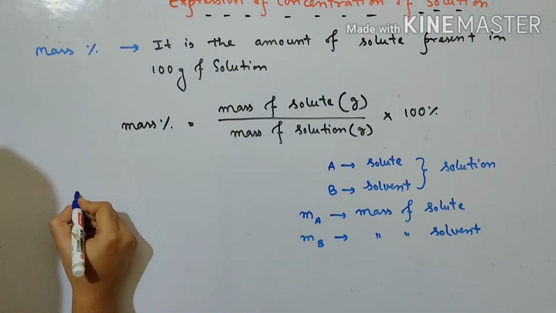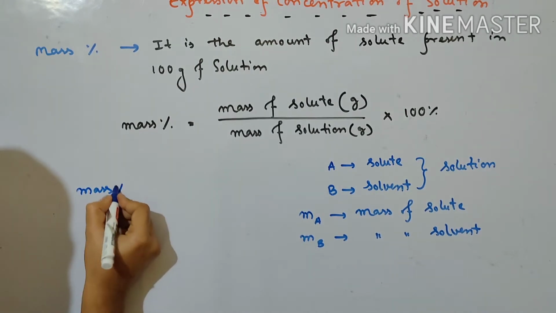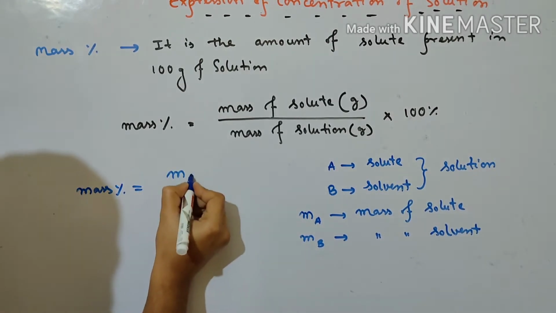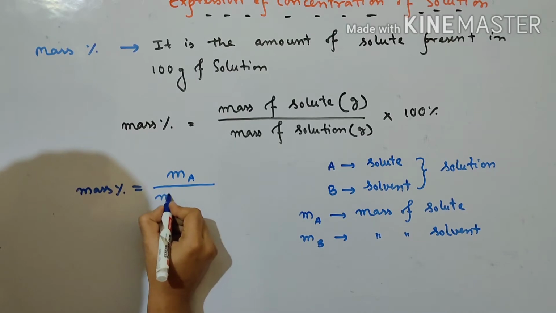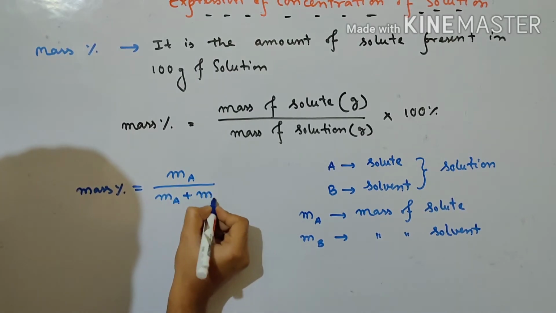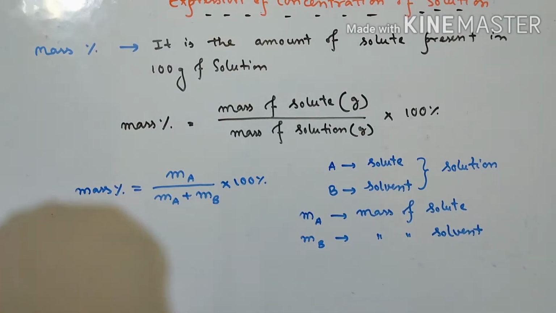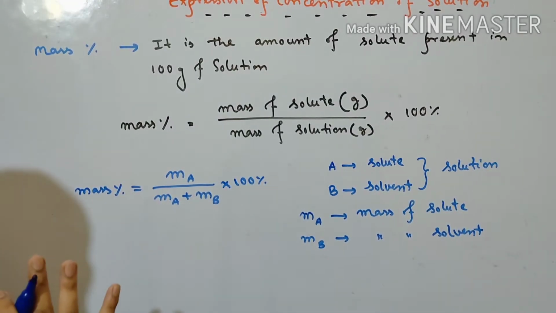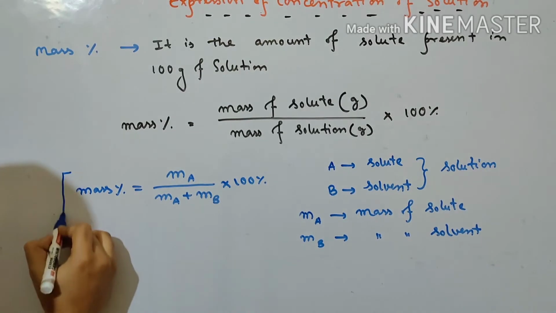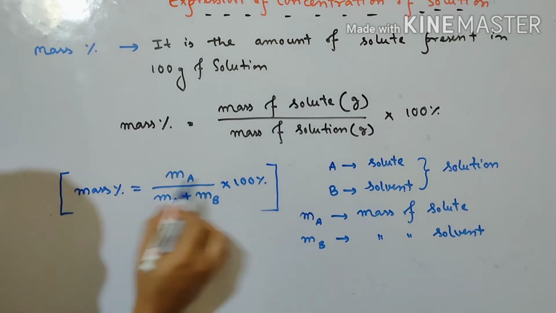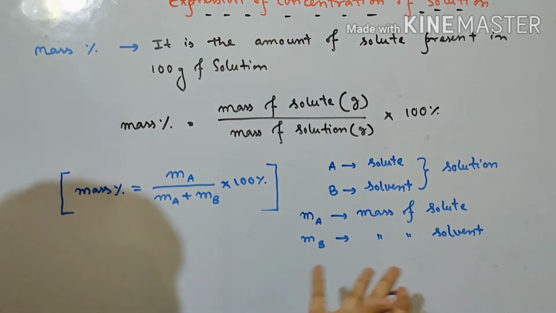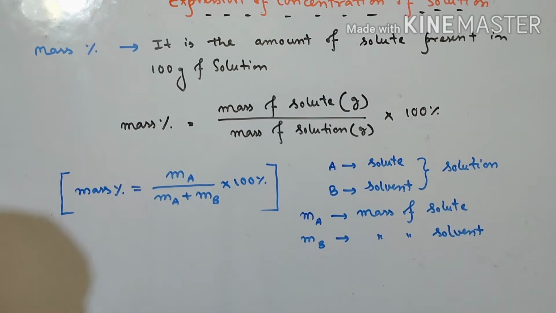So mass percentage should be written as Ma divided by Ma plus Mb into 100%. This is how we are going to express it. So the numericals we have to face, of course, at that point of time, this formula should be utilized.